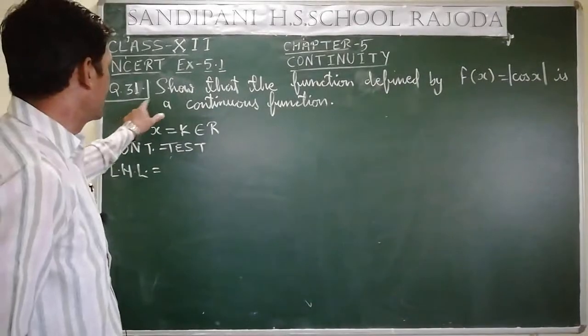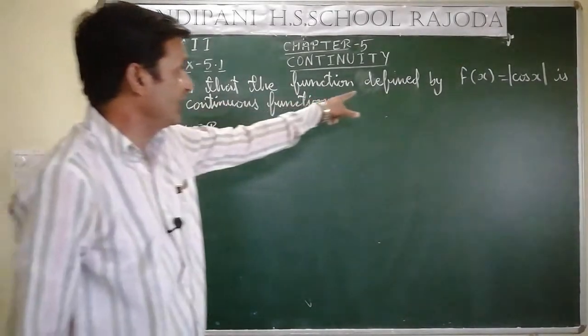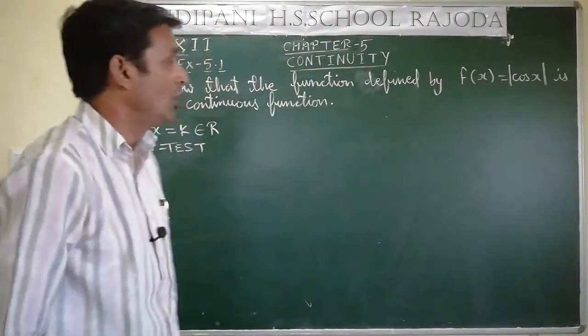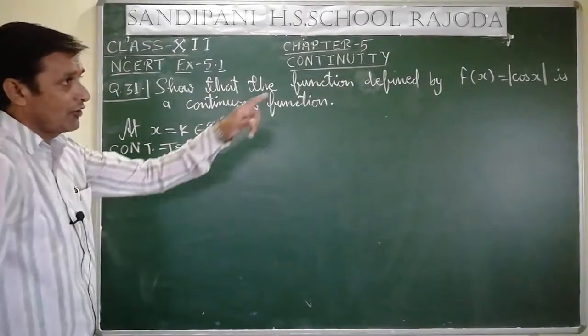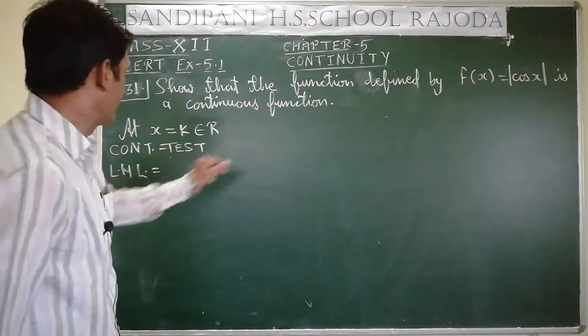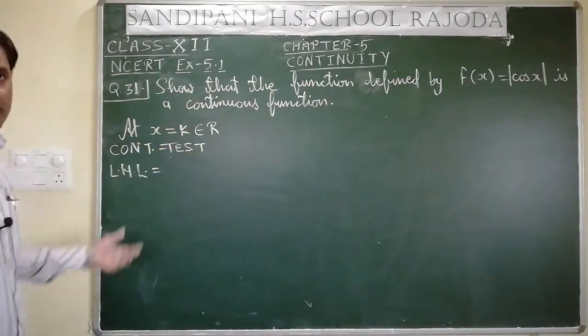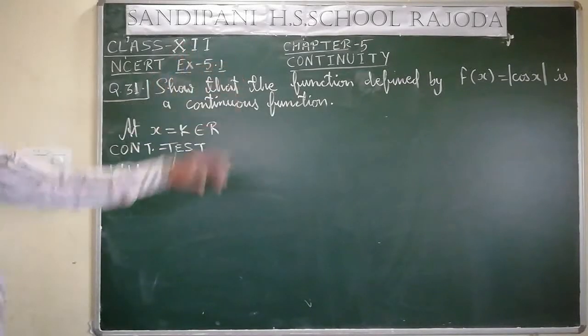See question number 31. It is show that the function defined by f of x is equal to mod of cos x, is a continuous function at x is equal to k. Suppose we are again doing this question.